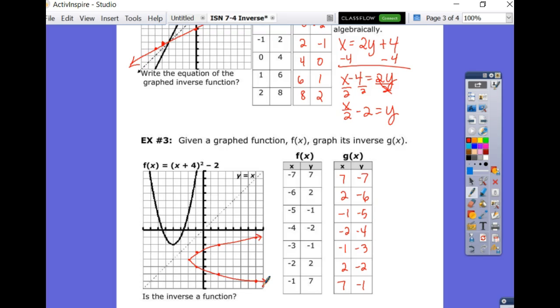So if you said no and you have a reason, who can share why they think this is not a function? It doesn't pass the vertical line test, so it's not a function.